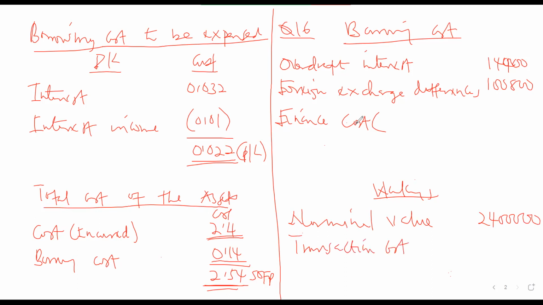Then you have your transaction cost of 24,000 to be subtracted. What are we going to be having? The difference will be what?